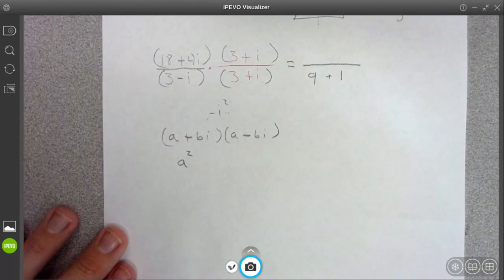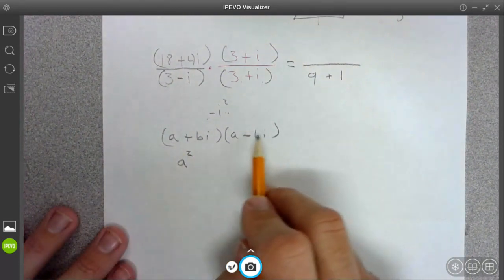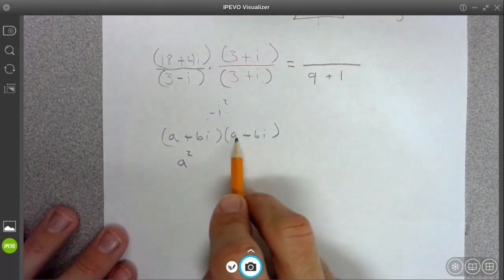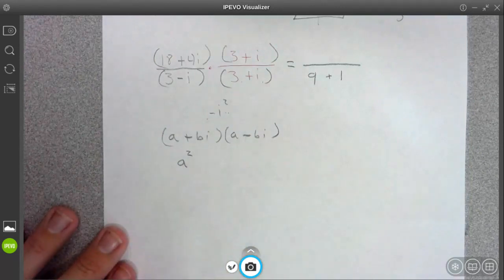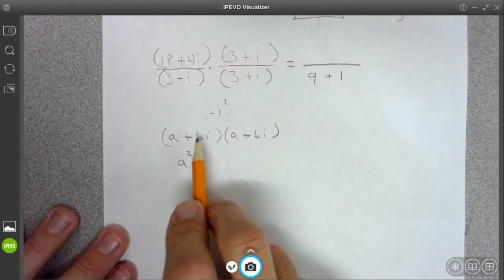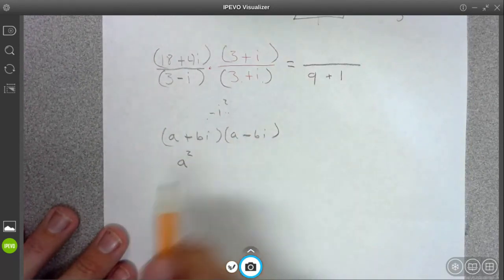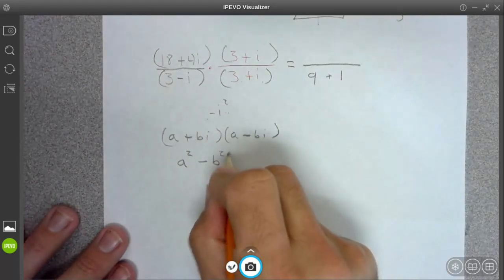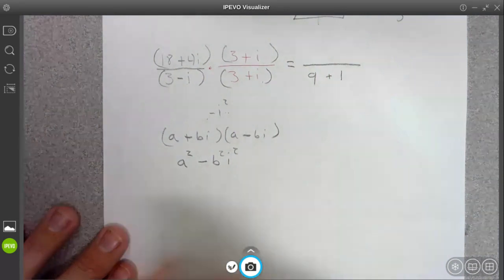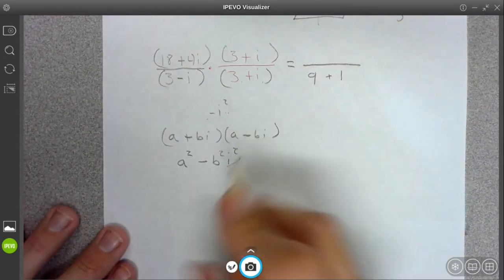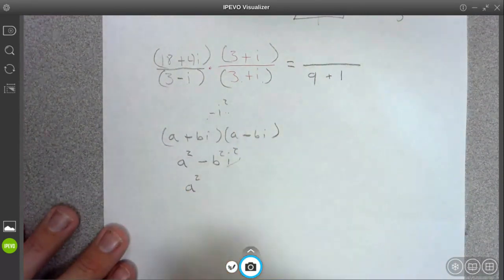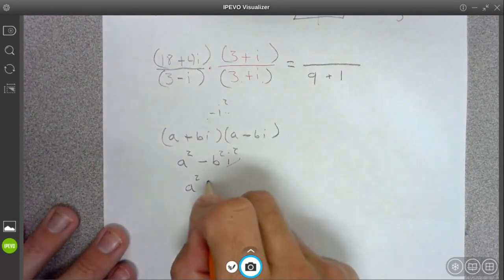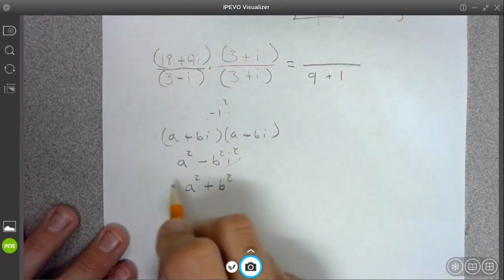You get a squared, the a and the negative bi, and the a and the positive bi cancel. You get bi times negative bi, so you get negative b squared i squared. But the i squared changes that sign. So what you end up with is a squared plus b squared.